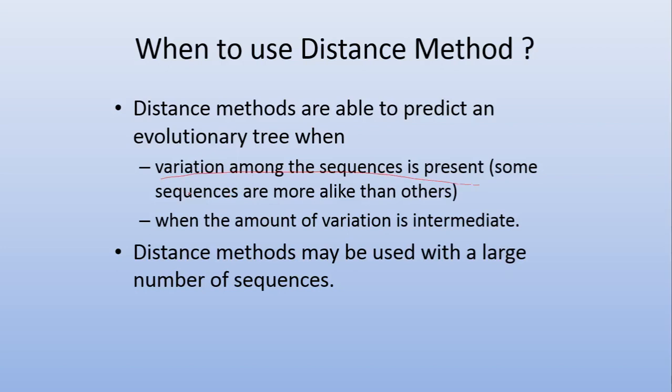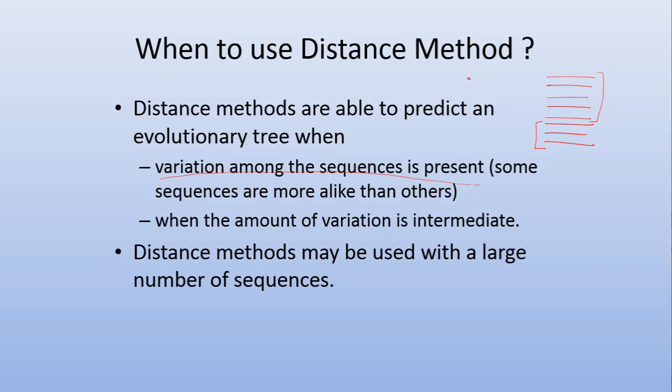That is, some sequences in your multiple sequence alignment, we'll say for example we have this multiple sequence alignment, some of these sequences are similar while some of these sequences are dissimilar. That is, some sequences are more alike than others. If that is the case, then it is advised that you use this distance based method, right?